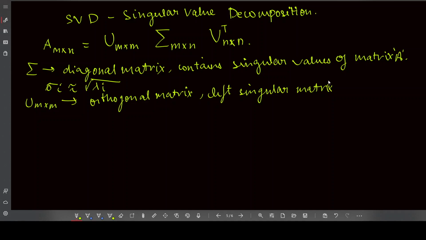It's just a terminology, that's what it's called. What this basically has is that the ith column of U is the ith eigenvector of A A transpose.